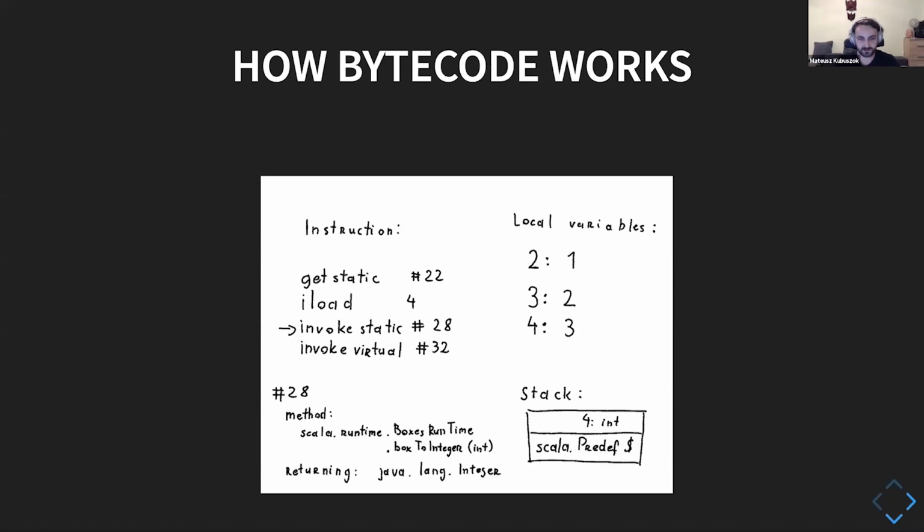It takes this integer and uses this provided method to wrap it into java.lang.Integer, and because java.lang.Integer is a normal Java object, it extends java.lang.Object, so we are able to pass it into println, which is why we are able to invoke this method on the Scala Predef instance.